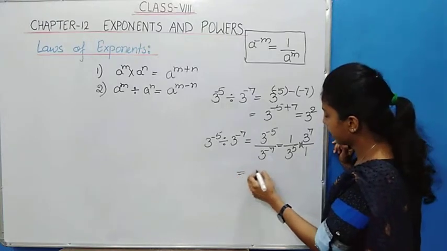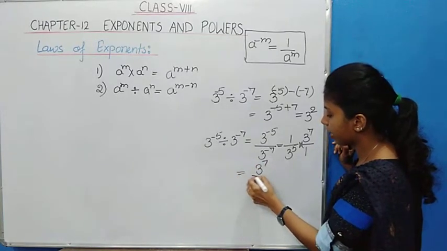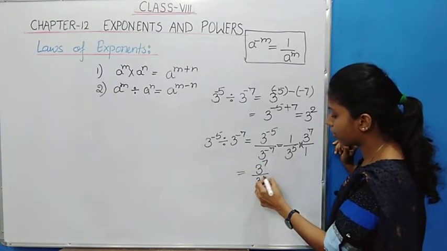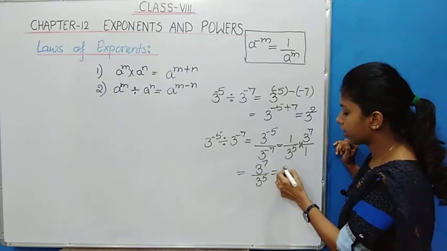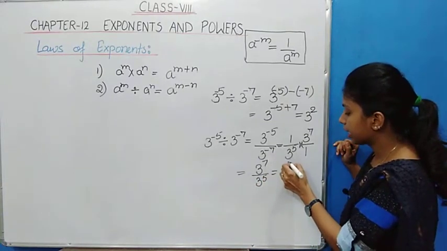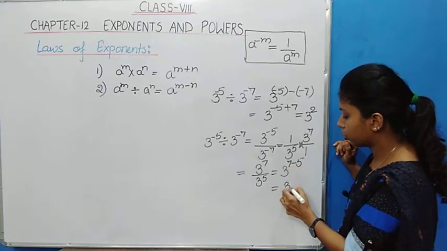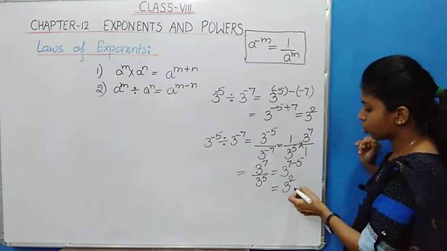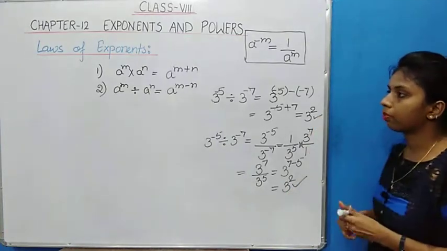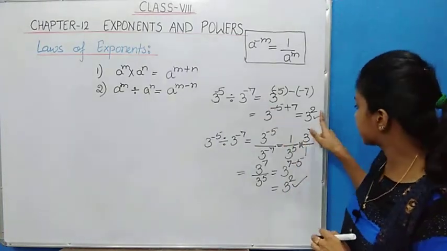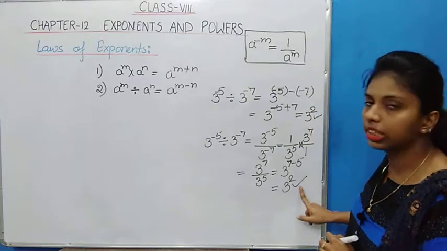So finally we get 3 raised to power 7 divided by 3 raised to power 5, and after doing the subtraction we get 3 raised to power 7 minus 5, and that is equal to 3 square. So what we see is that by both ways we get the same result, 3 square.